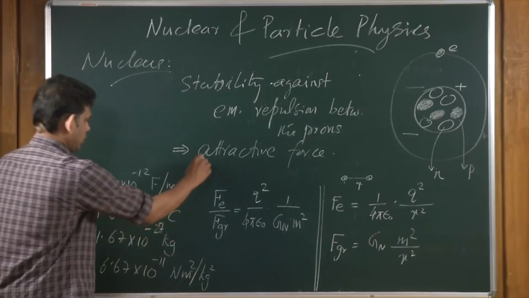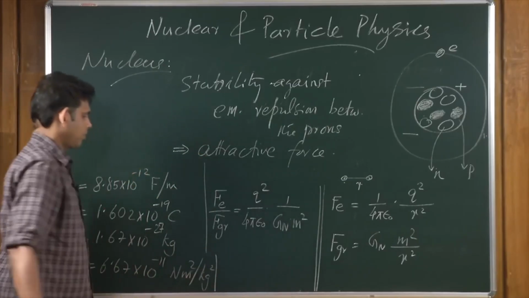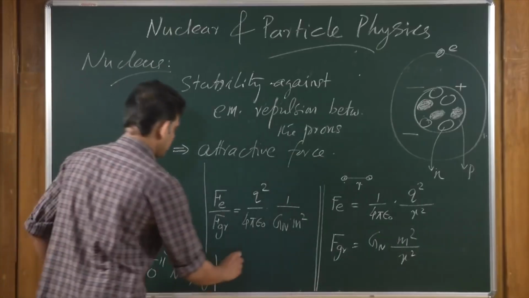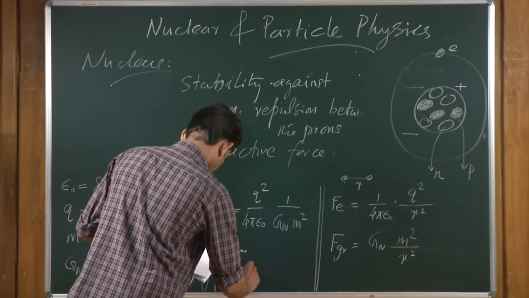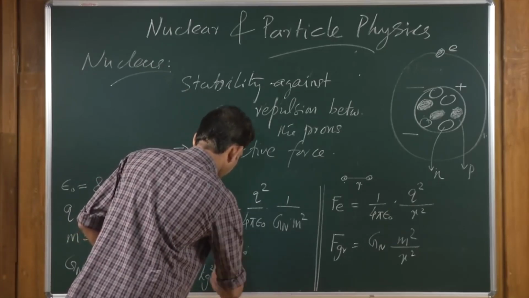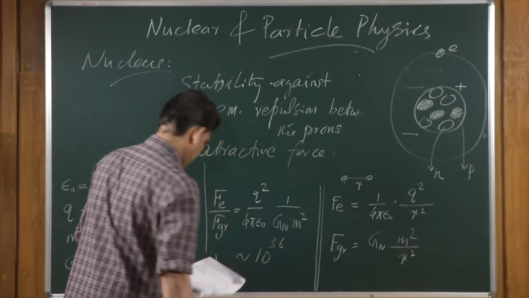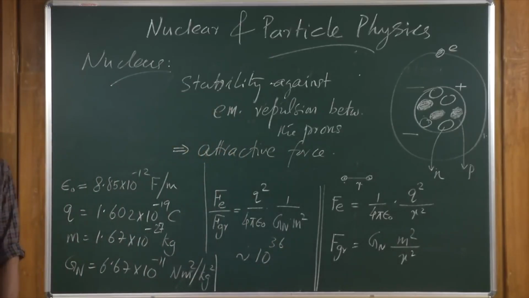Put all these things together, and you get the ratio of the electrostatic repulsive force between two protons to the gravitational attractive force between the same protons at the same distance to be of the order of 10 power 36, positive 10 power 36.